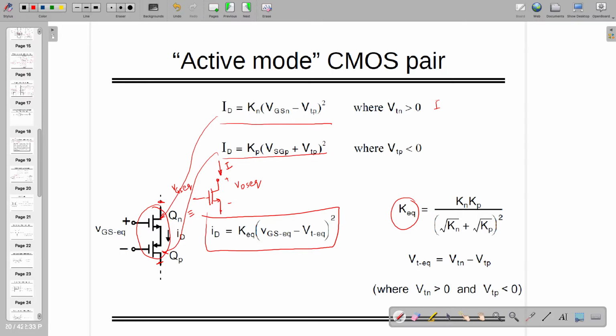And they are written in terms of K times (VGS minus VT) squared. So you have to rearrange them in such a way that you are going to get this equation. It's playing with just equations. So are you able to find this equation or not?